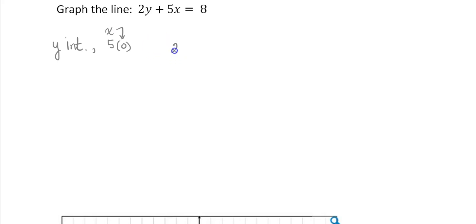So I'm going to have 2y plus 5 times 0 equals 8. And that's going to lead us to 2y equals 8, which also gives us y equals 4.